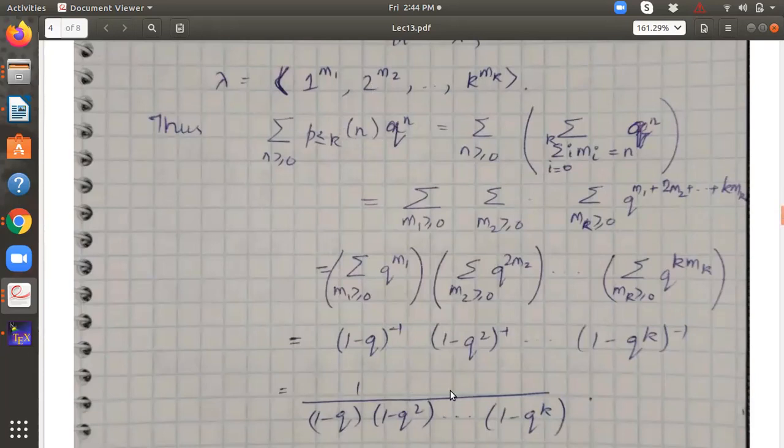So finding the coefficient of q raised to n in this is equivalent to finding the number of partitions of n with at most k parts. Isn't that so? So big problem solved.